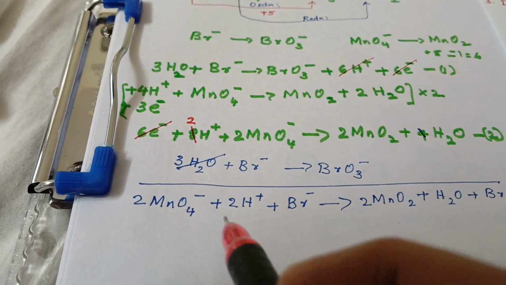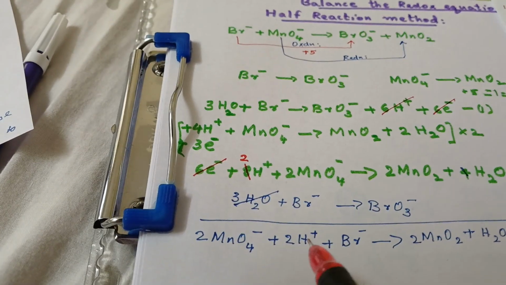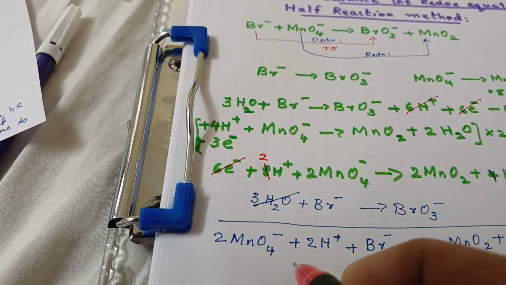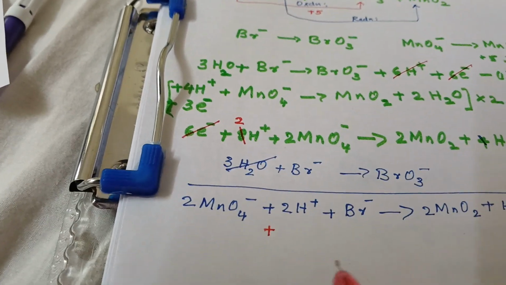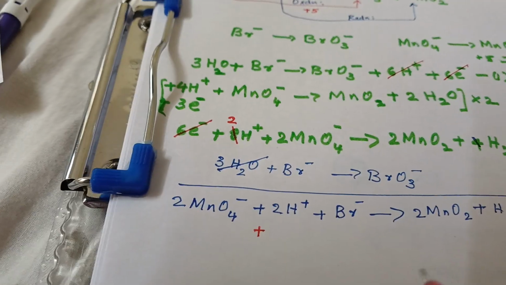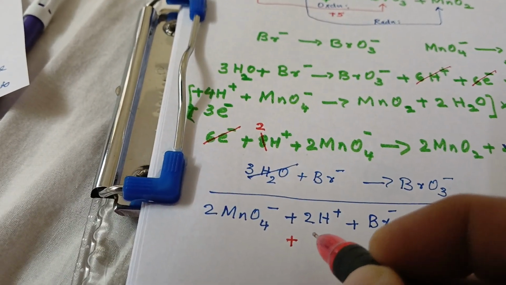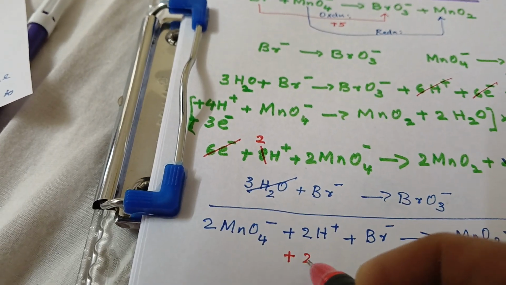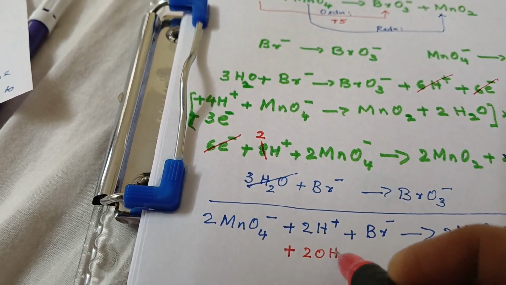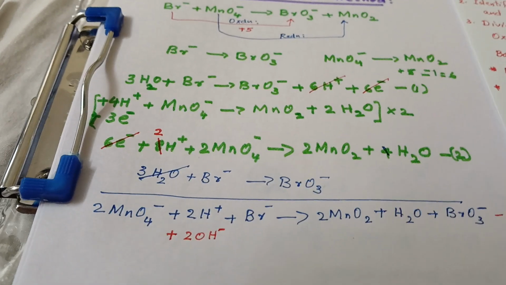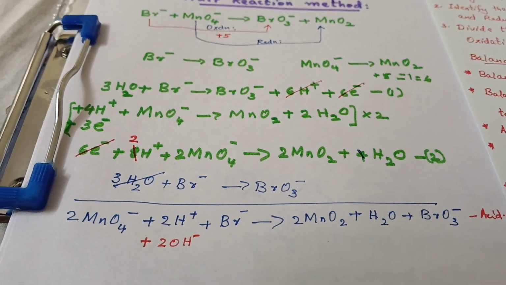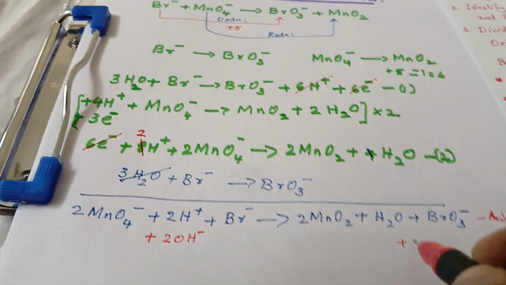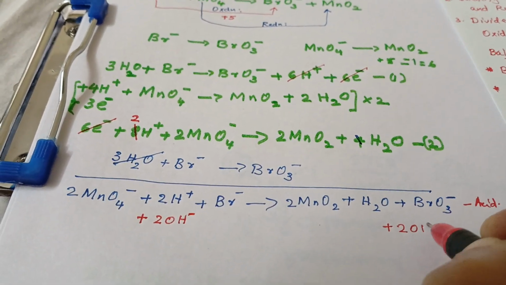See, in this equation, we have H plus ions because this is for the acid medium. So we need to add as many OH minus ions here. How many OH minus ions should we add? 2H plus we have. So we'll add 2 OH minus ions. If we are adding it on the left hand side, we need to add it to the right hand side also. So we will add 2 OH minus here.